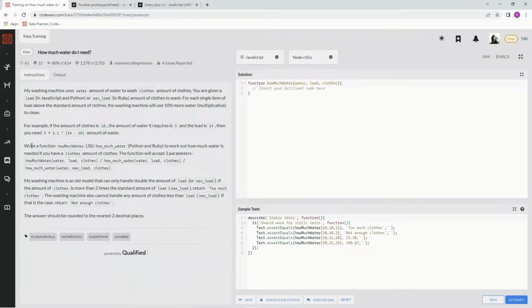Anyway, write a function, how much water, in JavaScript, Python, Ruby, to work out how much water is needed if you have clothes amount of clothes. The function will accept three parameters. My washing machine is an old model that can only handle double the amount of load, or max load.